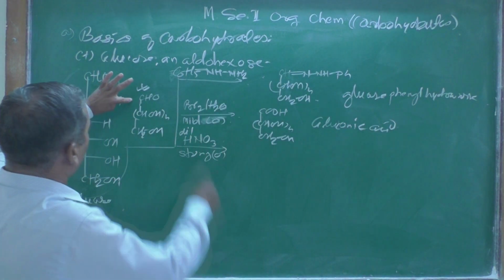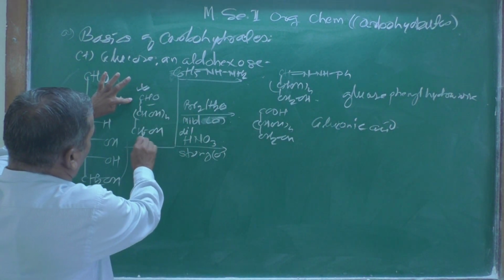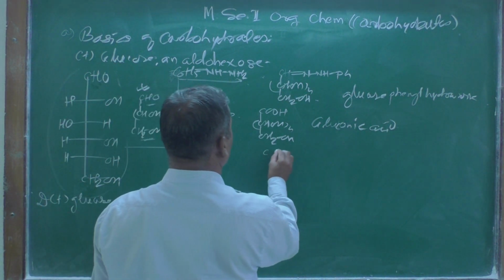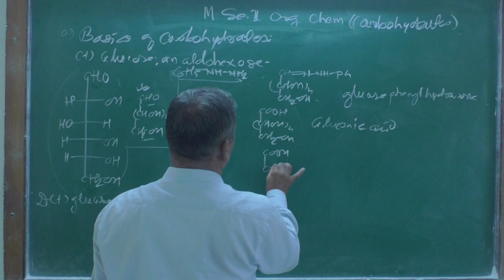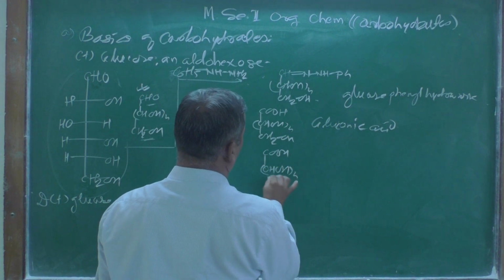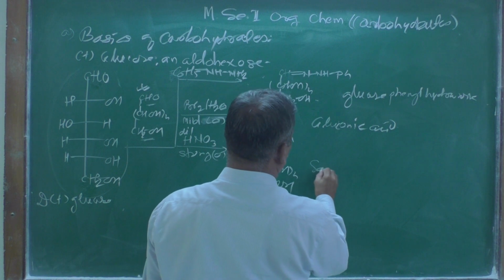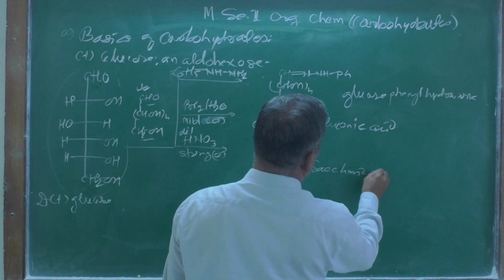It will oxidize the aldehyde group as well as the primary alcohol, and it produces COOH, then CHOH four times, and COOH. The compound we are getting is called saccharic acid.